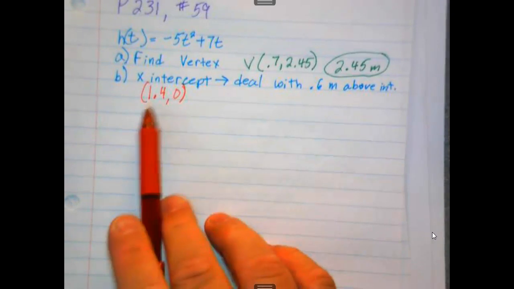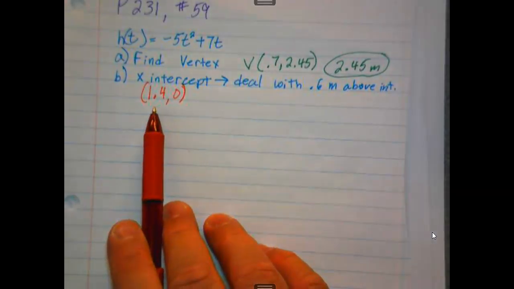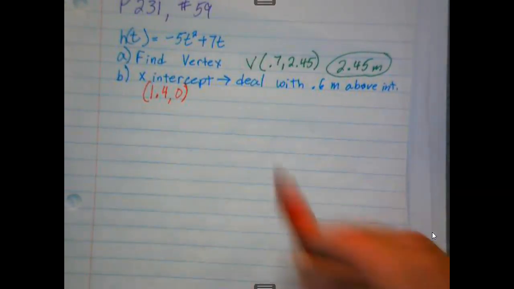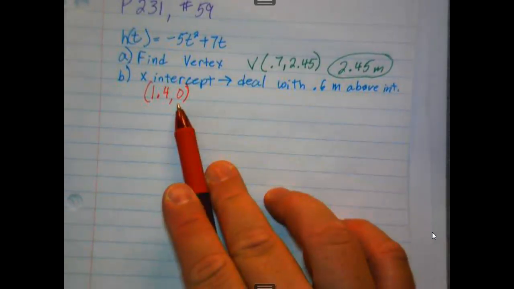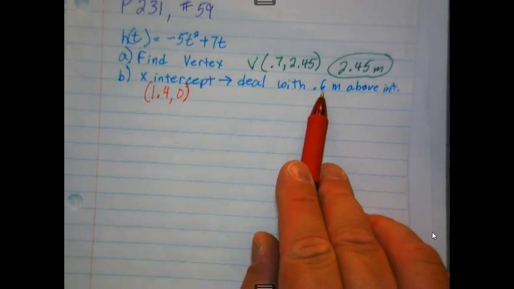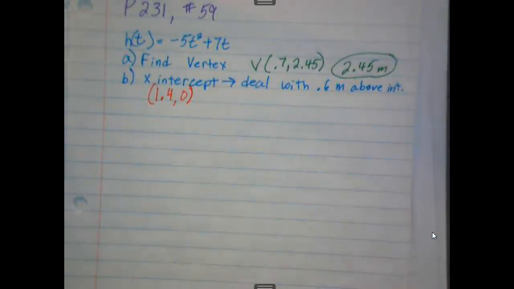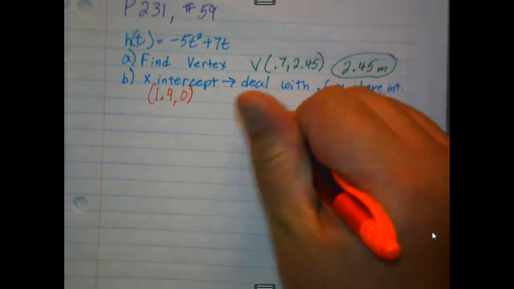Okay. Right now I'm at 1.4 seconds. However, that's when my y is 0. I need to be where my y is 0.6. So if I have a graph, let's see what they're looking for.